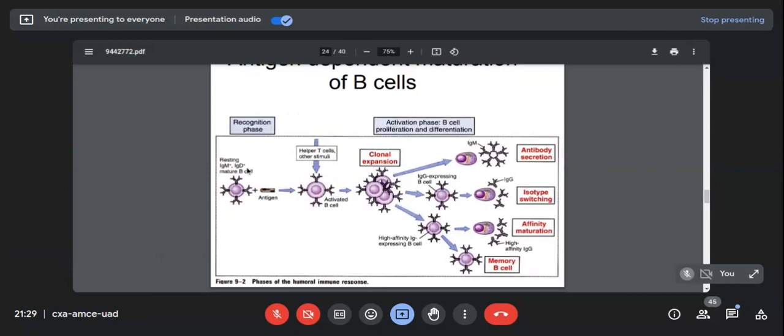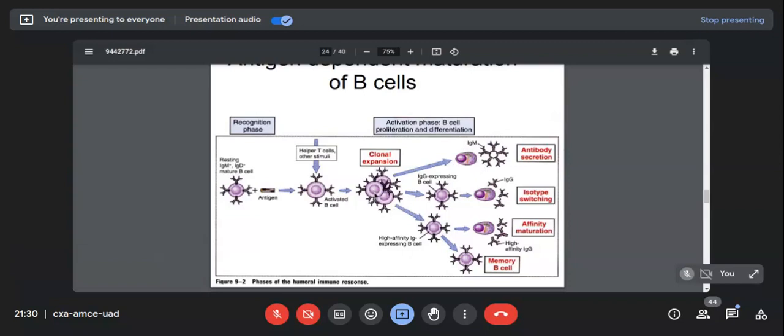So this is basically it: a B cell recognizes an antigen, then it becomes an activated B cell. After becoming an activated B cell, it can do what you call clonal expansion, making more copies of itself. When it makes more copies of itself, if it secretes antibodies, it will become a plasma cell, as you are seeing right now here.